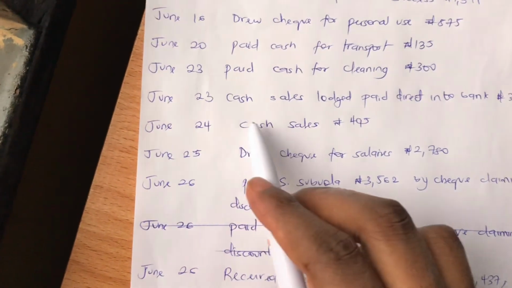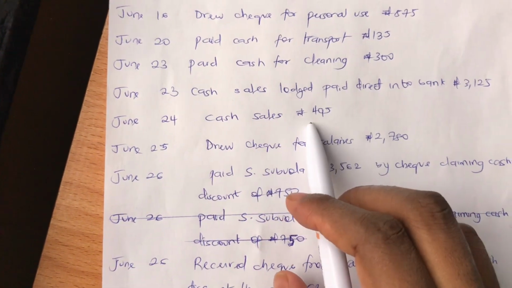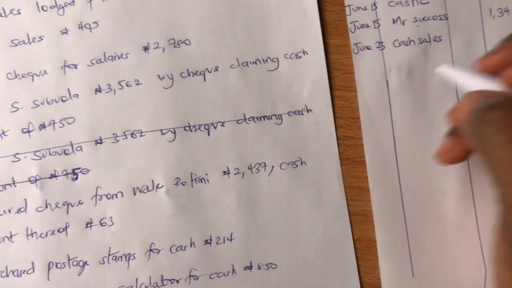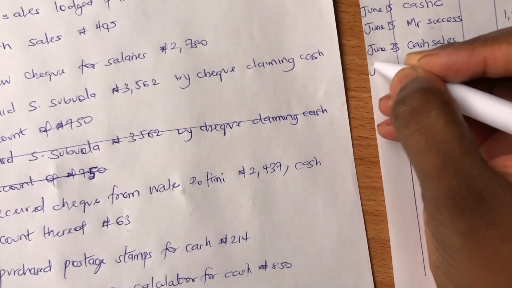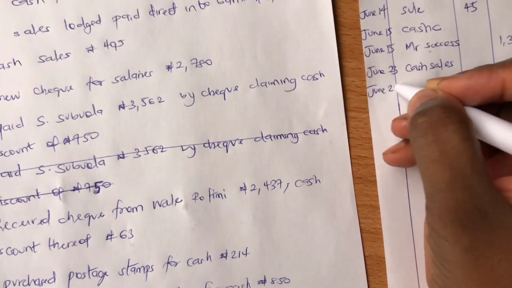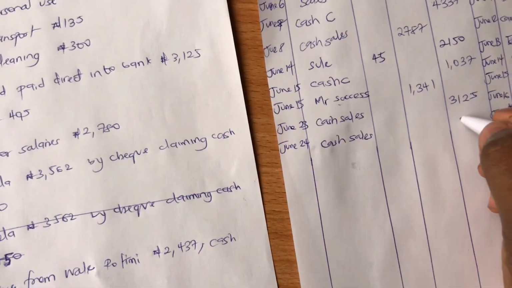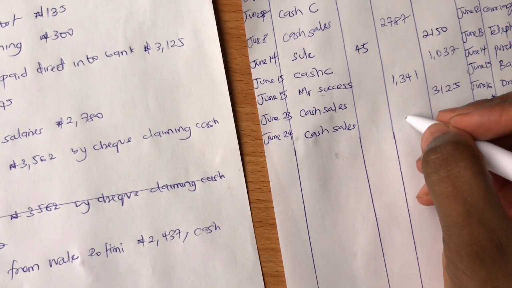So on June 24, cash sales of 495 naira. So it's going to be on the debit side because it's a cash sale, under cash.